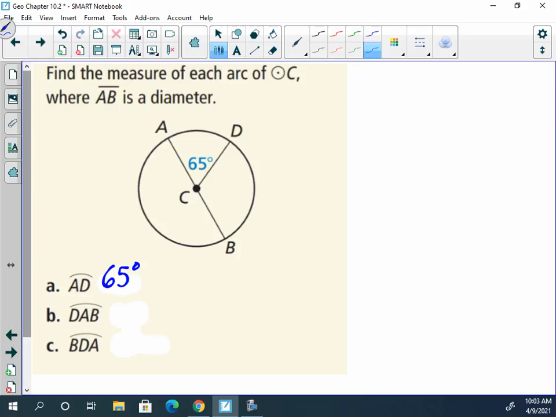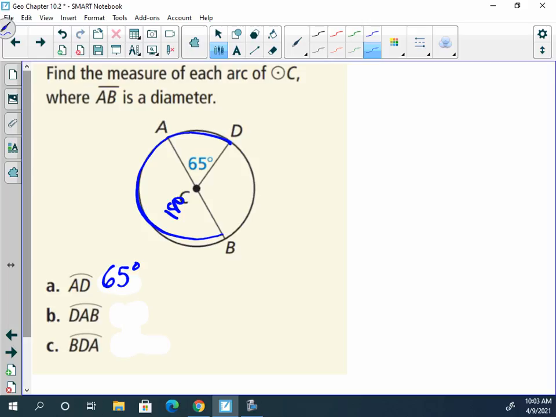Now the next one we're looking at is DAB. So what are we including? We have the 65, and we know that this here is 180 because it includes the diameter. Now, is the 65 included in this arc?